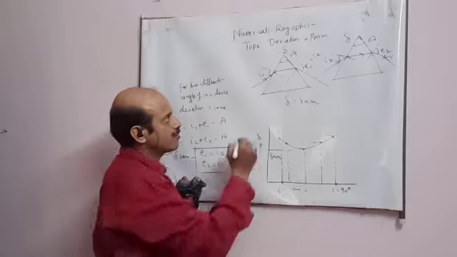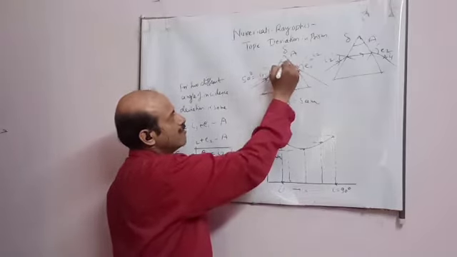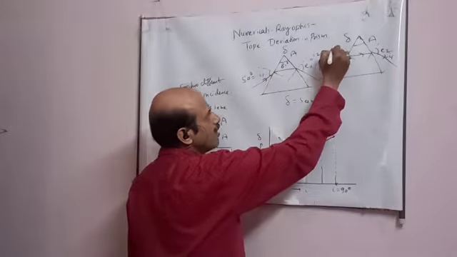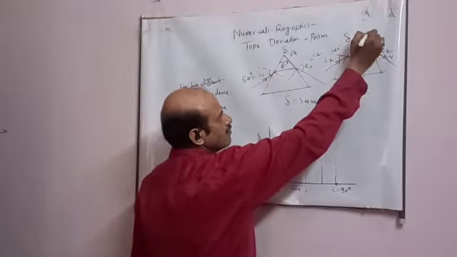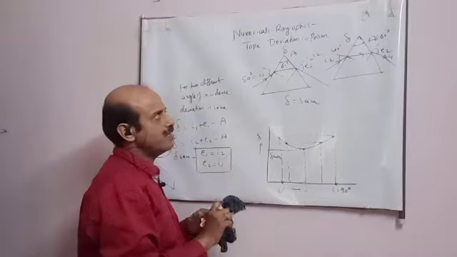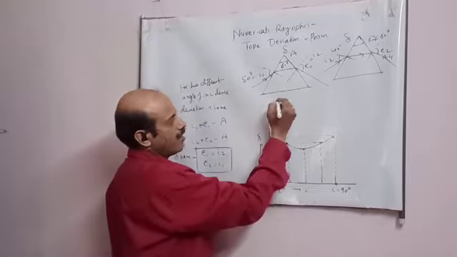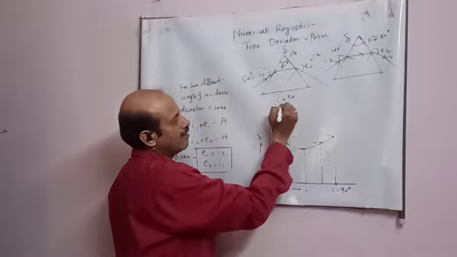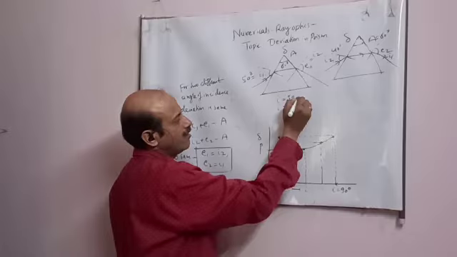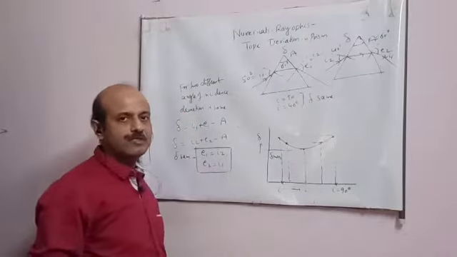This is the part of the numerical which you have to remember, student. For example, suppose this angle I am taking as 50 degree, angle of prism 60 degree, and this angle is 40 degree, same prism. And the question is, for angle of incidence 50 degree and angle of incidence 40 degree, deviation is the same.